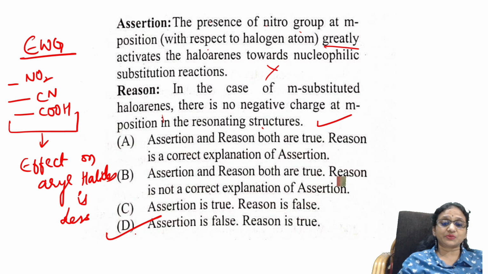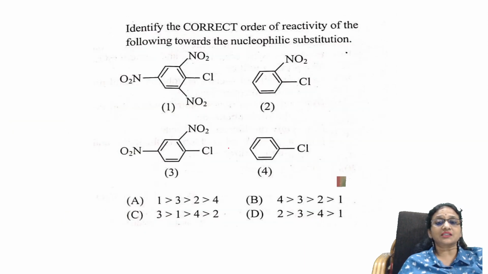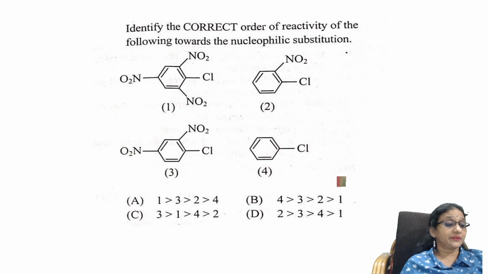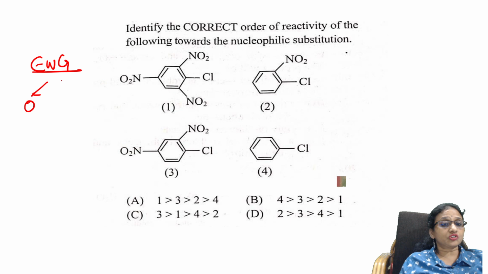Next question. Identify the correct order of reactivity of the following towards SNAr. Yes, students, I said just now, whenever you have electron withdrawing groups at the ortho position and the para position with respect to halogen, or if it is at the meta position, no problem.